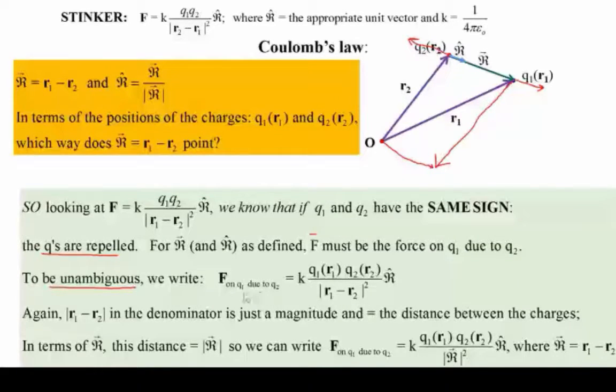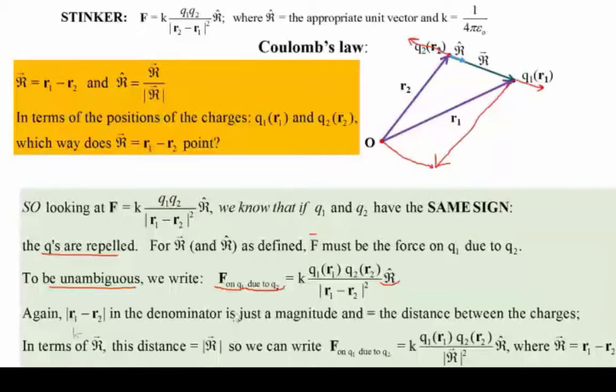So for two point charges, the force on q1 due to q2 is equal to, alright, here we go, our k, our two q's that are located at r1 and r2, divided by the distance between them, squared, or the magnitude of this difference vector, squared, times the unit vector that points from q2 to q1. That's how we reasoned this to be.